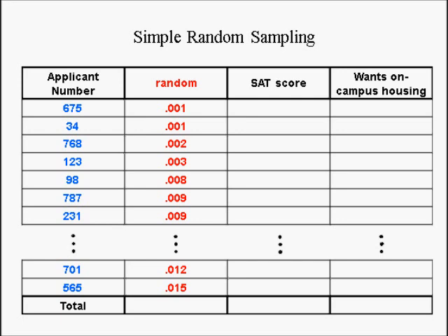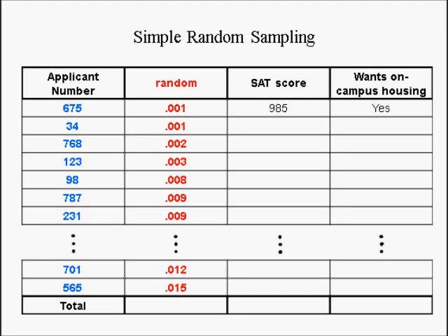In the following Excel spreadsheet, we have typed SAT score in column C and wants on-campus housing in column D. Since applicant number 675 is associated with the smallest random number, it is listed first.